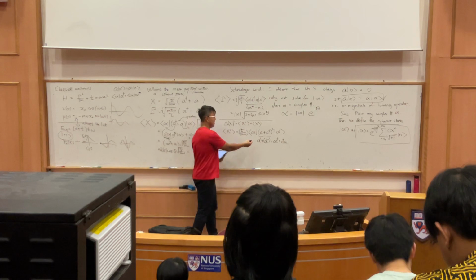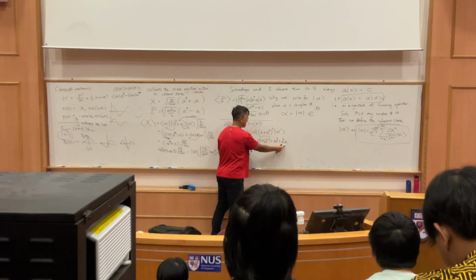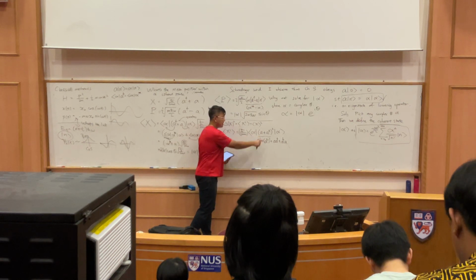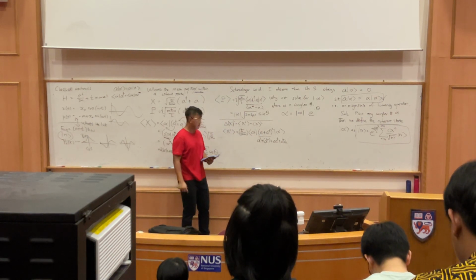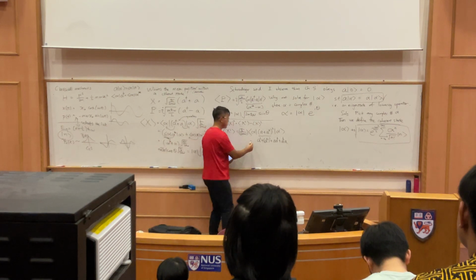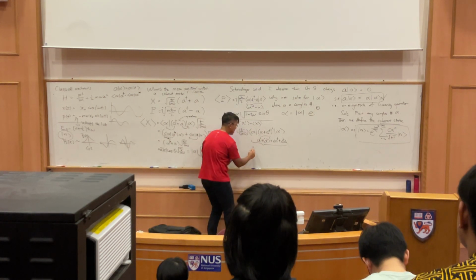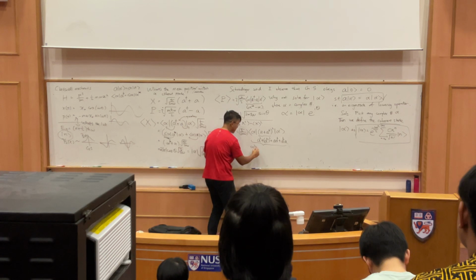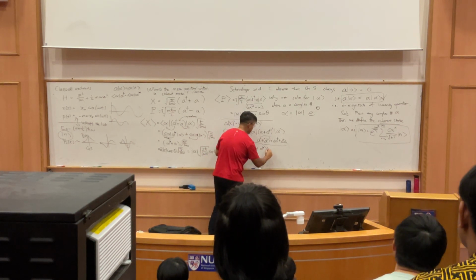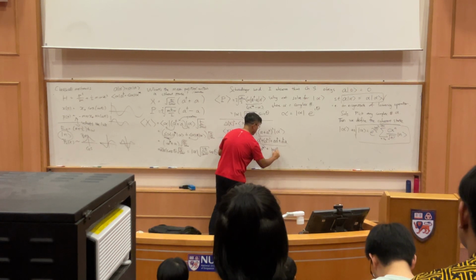Same logic. Since alpha is an eigenstate of a, and the bra alpha is an eigenstate to the right of a dagger, we can simply replace all the operators by the classical numbers. This is alpha squared plus alpha star squared plus mod alpha squared plus.